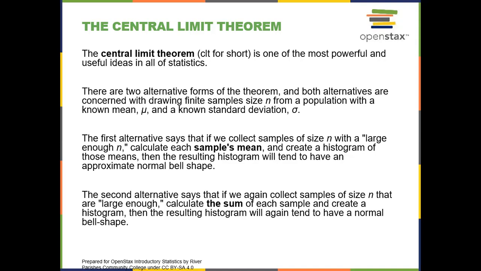So say I have 36 samples of size 36 each, then I have 36 values of X bar, or sample mean. I can plot those sample means on the horizontal axis, divide the sample means into groups of equal width, starting from the smallest number up to the largest number.